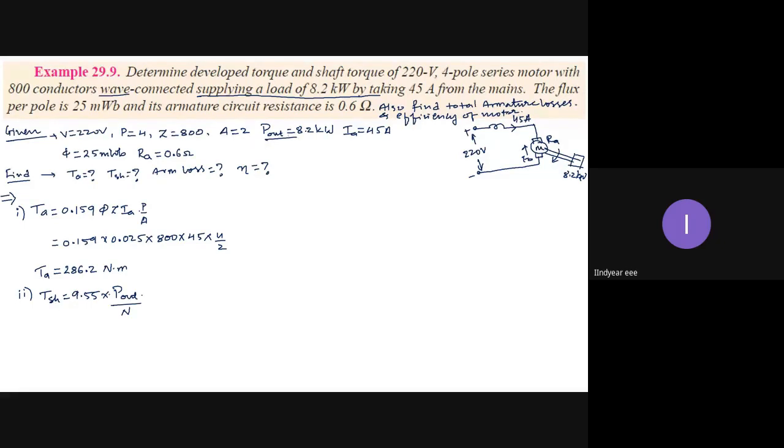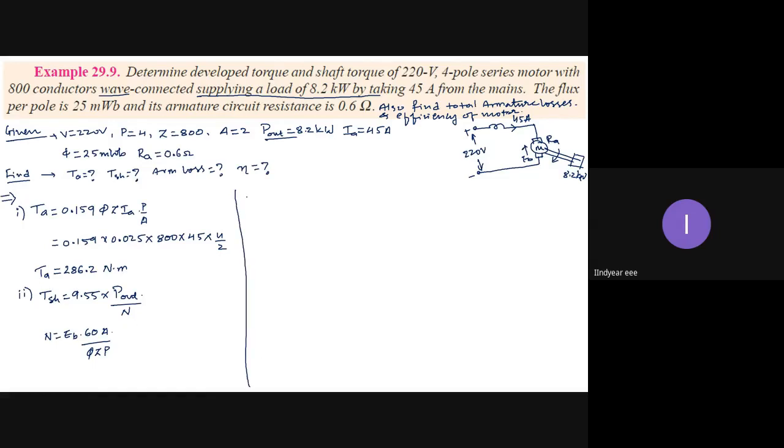So in the RHS, I know P out, I have to find N. So N is equal to EB into 60A divided by ZP from the equation of back EMF.